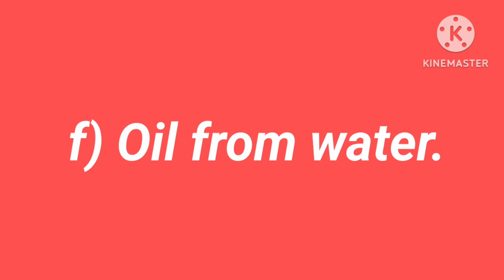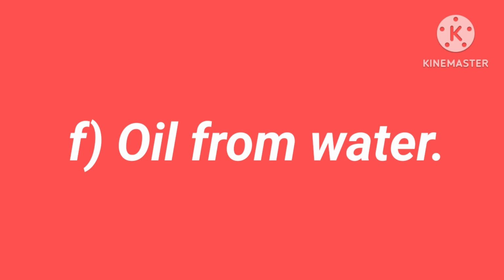Next, oil from water. Of course, you could have observed that oil is a liquid. Water is also a liquid, so both water and oil are liquids. How do we separate them?